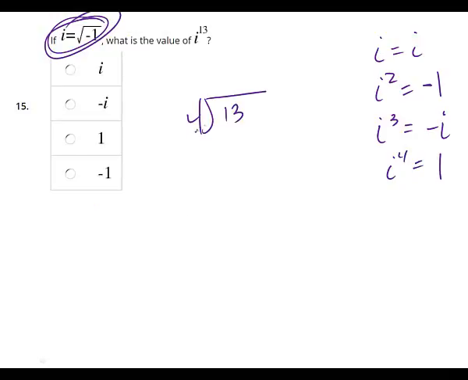The remainder. So 4 goes into 13 how many times? 3. We multiply that out. What's our remainder? 1. So this is the same as i to the first or just i. What if I had had remainder 3? What would we have written down? Negative i. What if I had remainder 2? What would we have written down? Negative 1. What if remainder was 0?